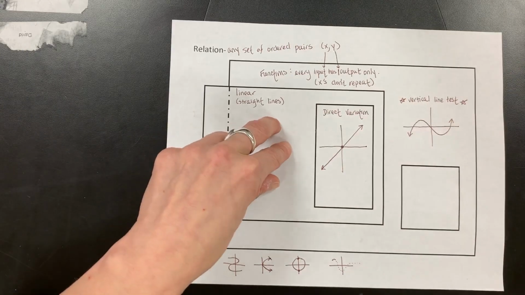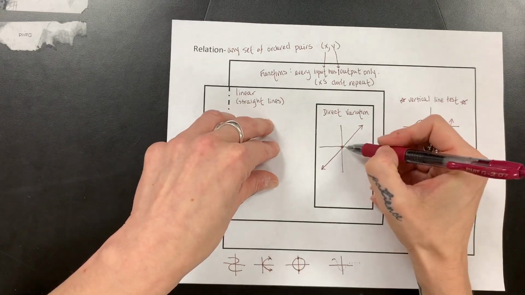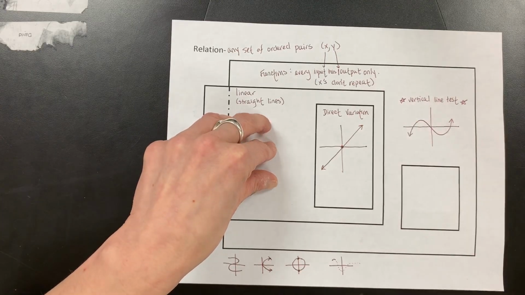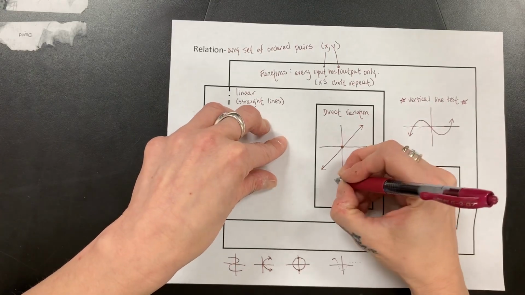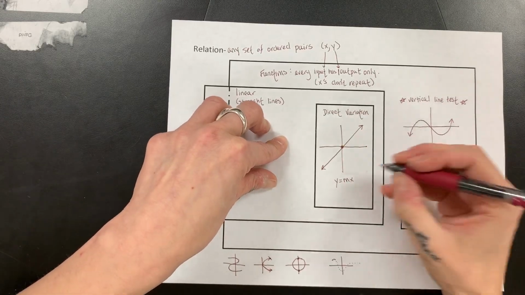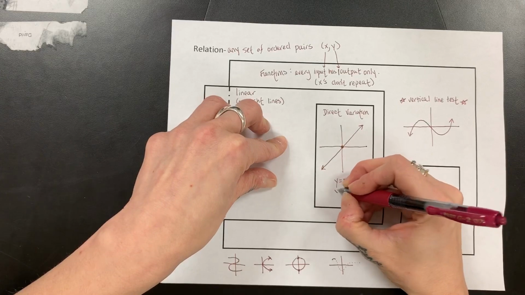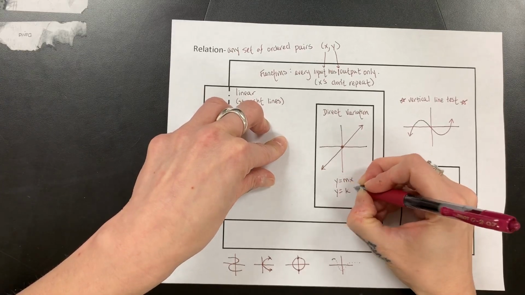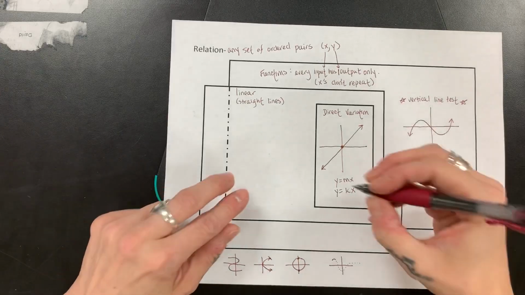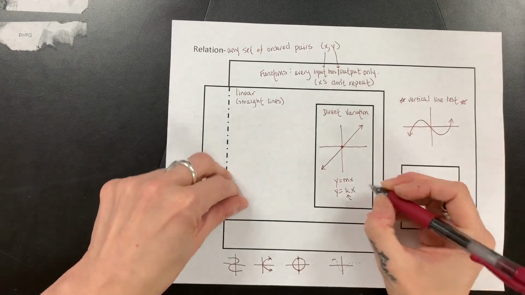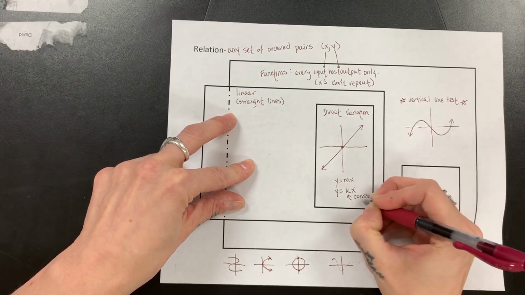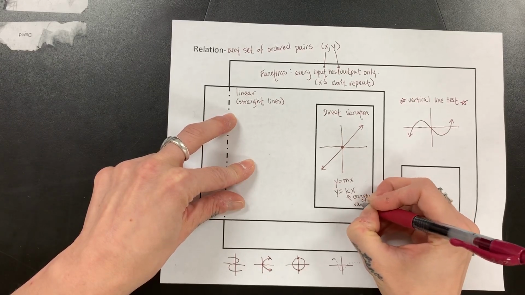They intersect at x equals 0 and at y equals 0. And we write that like with the mx, right? Because we have a slope, but there's no y-intercept. And we also write it like that equation, this being the constant of variation.